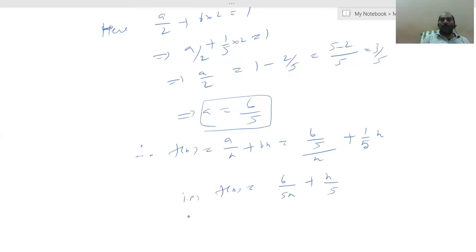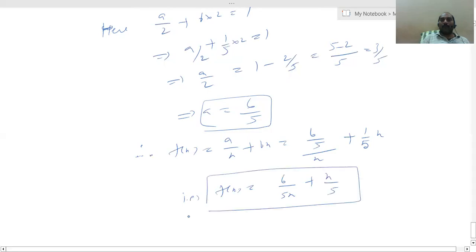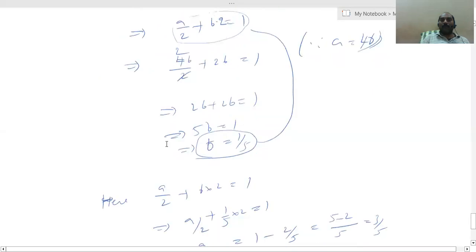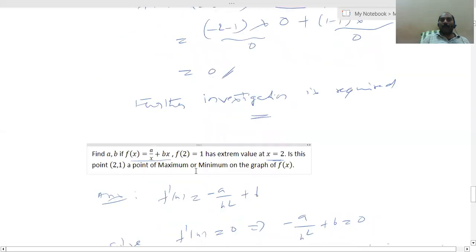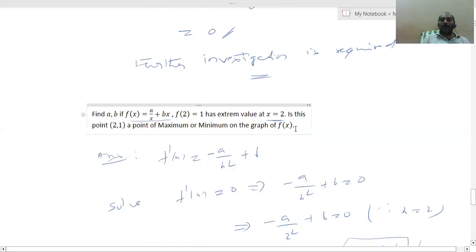This is the function. Don't stop here, because they add one more part in the question: has the extremum value at x equal to 2. Is this point a point of maximum or minimum of the graph of f of x?